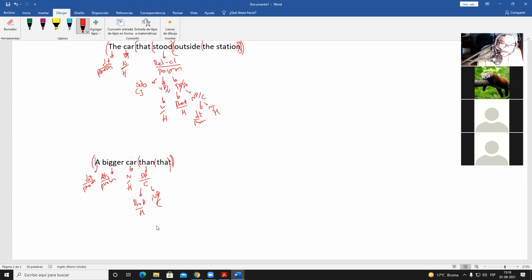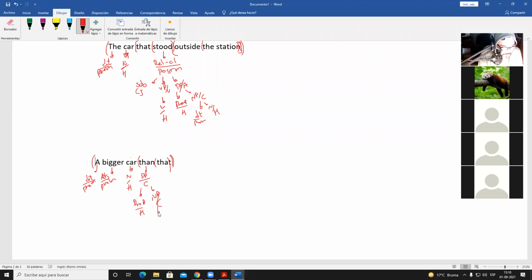Any question? No? Profesor, dígame. Entonces that pasa a ser un noun, como un pronombre, una cosa así. O sea, bigger card than that, porque lo separó como preposición y después una noun phrase complement. Sí, pasa a ser un pronombre.